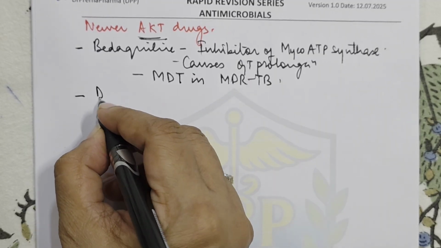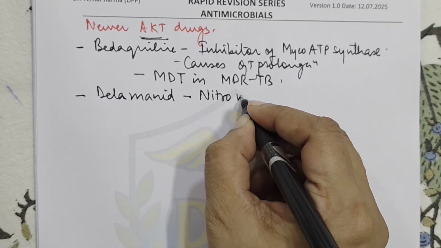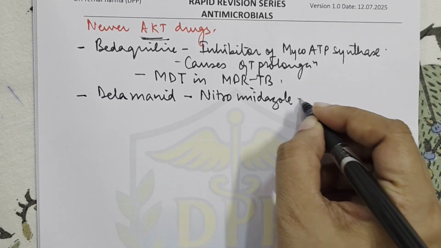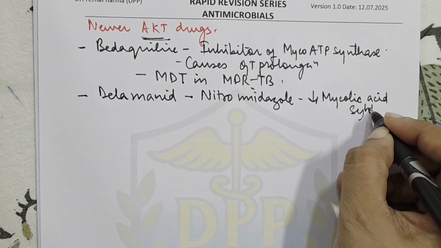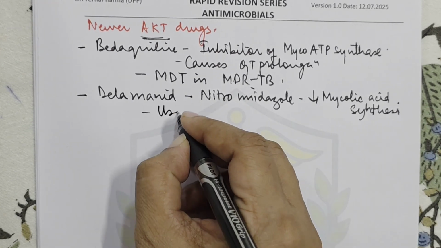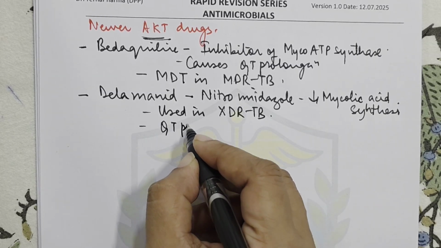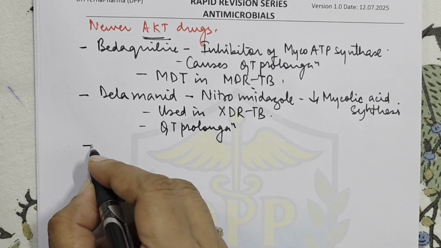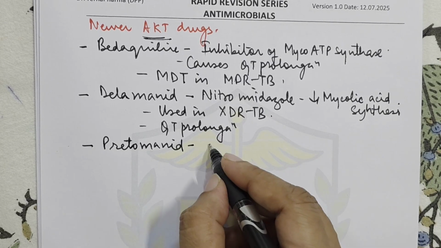Okay, the second drug that we have is delamanid. Now delamanid is a nitroimidazole derivative. It inhibits mycolic acid synthesis. Okay, then it is used in XDR tuberculosis, XDR-TB. It also causes QT prolongation. Okay, next drug is pretomanid. This is another nitroimidazole. It acts by the same mechanism.